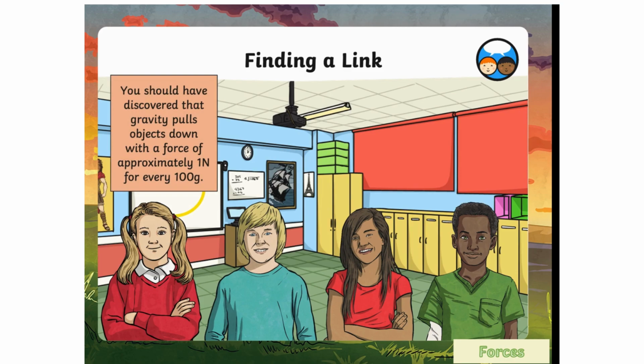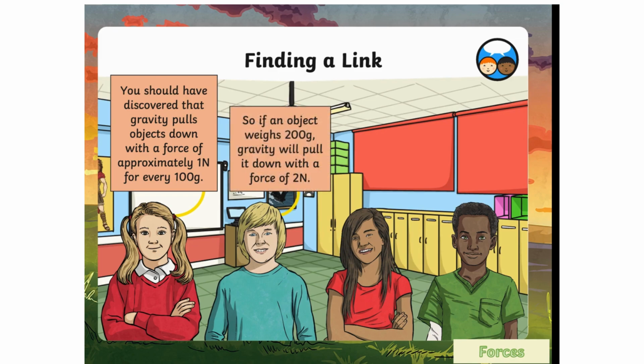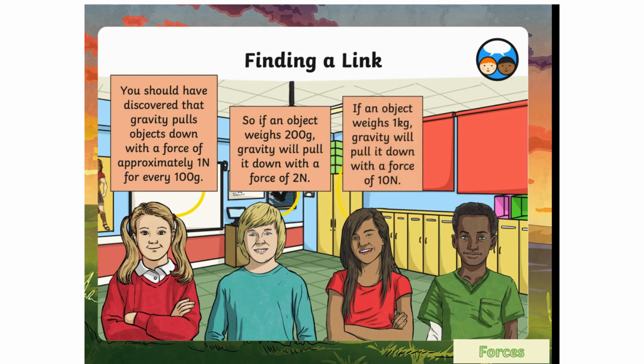You should have discovered that gravity pulls objects down with a force of approximately 1 Newton for every 100 grams. So, if an object weighs 200 grams, gravity will pull it down with a force of 2 Newtons, isn't it? If 1 Newton is 100 grams, then 2 Newtons is 200 grams.